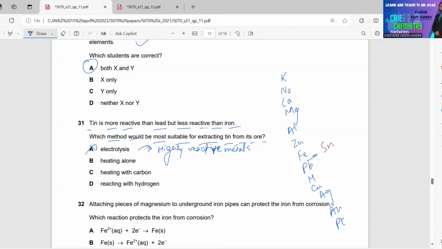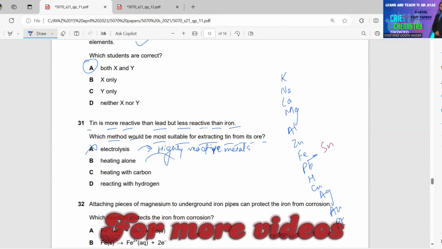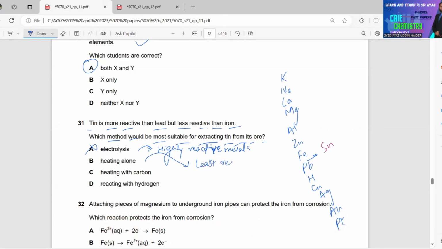B, heating alone? No. It's used for the least reactive metals. Tin is not among the least reactive.